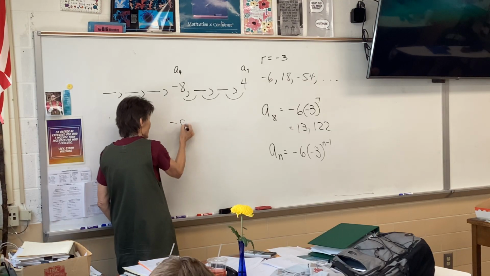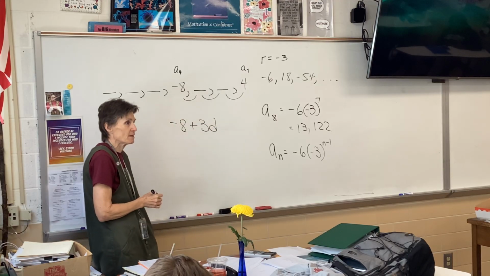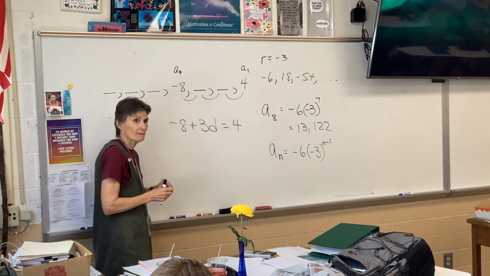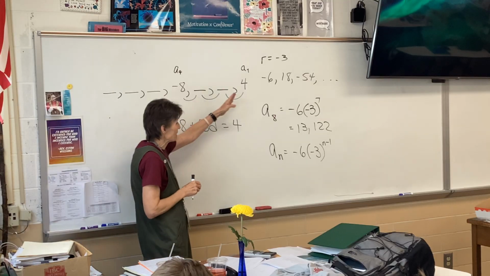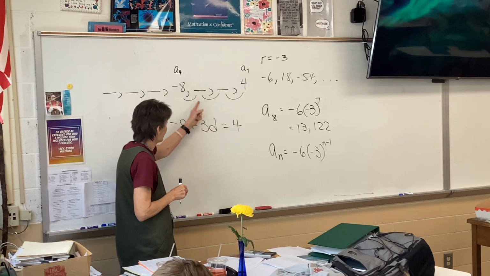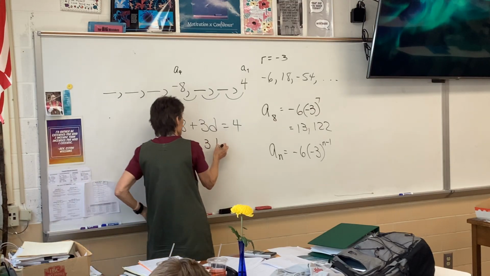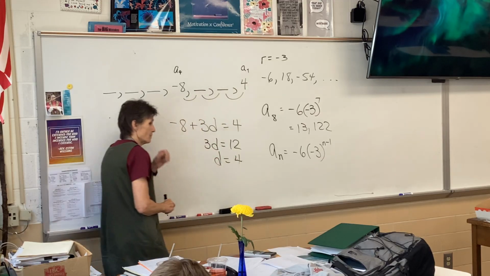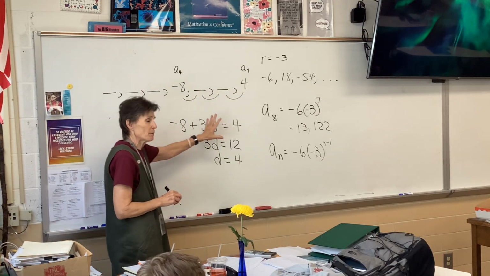So -8 plus 3 of those numbers, I'll call it the common difference, what I'm adding, will put me at 4. Does that make sense to everybody? I gotta get from -8 to 4 in 3 steps. So 3 D's is 12, and it looks like D is. Now again, I set up an equation.